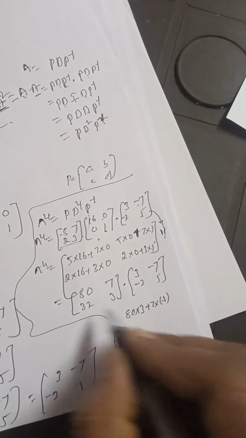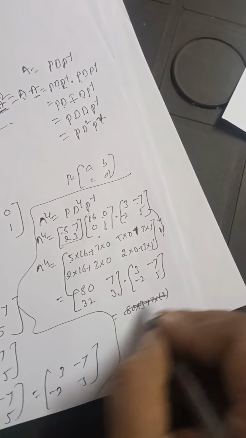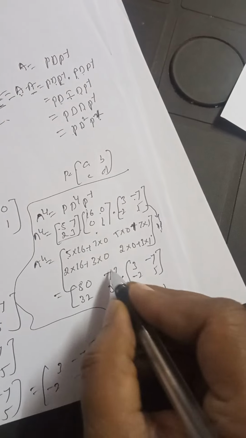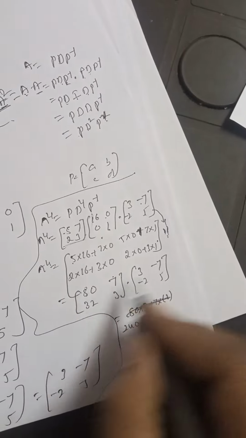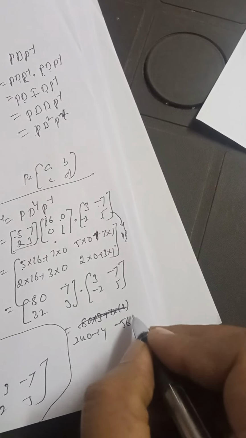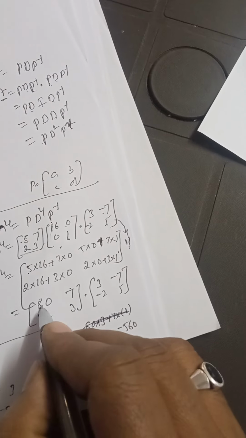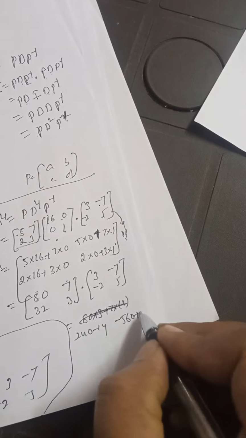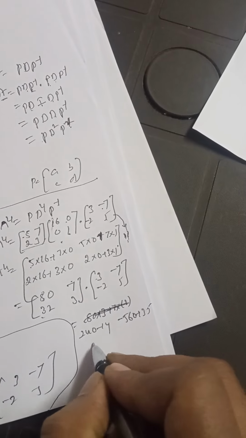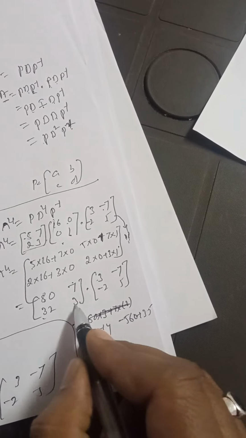Now see, 80 into 3 is 240, minus 14. 80 into minus 7 is minus 560, no? Next, 7 into 5 is plus 35. Next, 32 into 3: 3 2s are 6, 3 3s are 9, so 96. Next, 32 into minus 2 is minus 64.